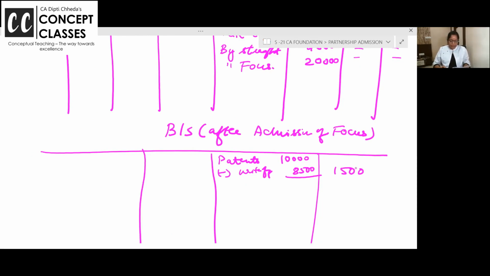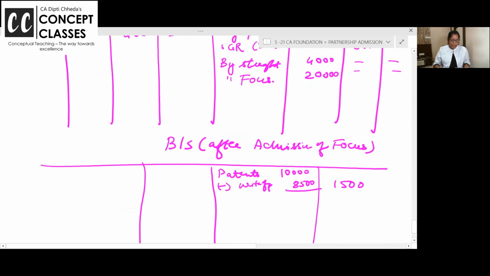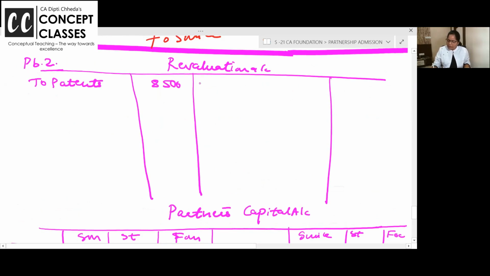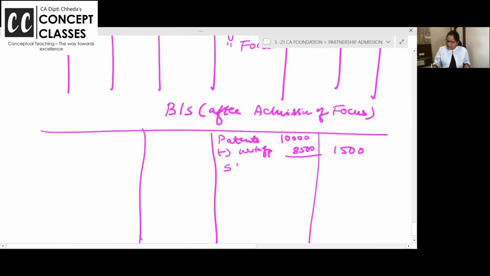Stock is undervalued by 1,000. So increase the stock value; if the value is less, increase it. Stock is an asset, so debit 1,000 and credit here.